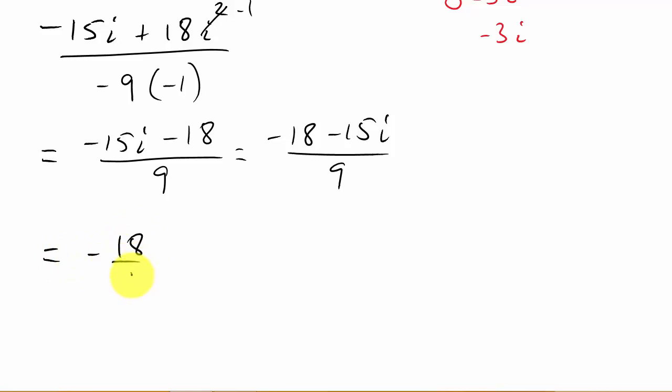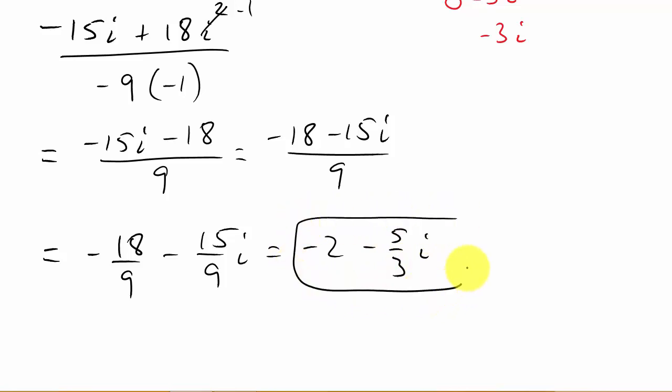So I get -18 over 9 minus 15 over 9i. And so look what we're left with. -18 over 9, that's -2. 3 goes into 15, 3 goes into 9, so that's minus 5/3 i. And so this would be our answer.